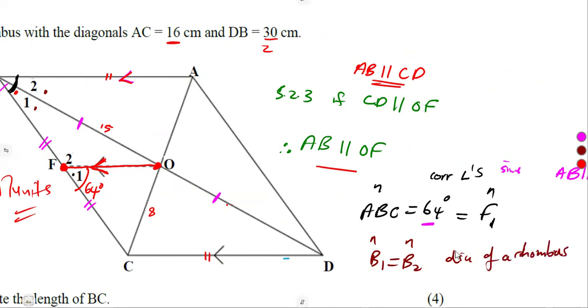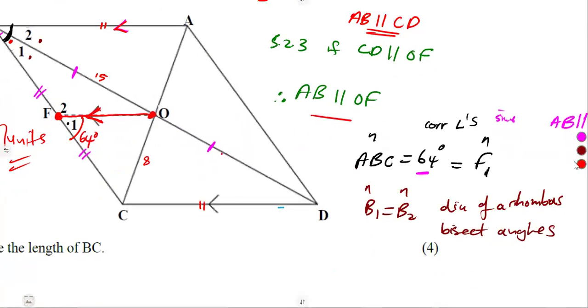So the diagonals of a rhombus bisect what? Bisect angles. So meaning to say, these two are equal. Remember, the angle B, this one, angle BC, is made up of angle B1 plus B2, which is the 64 degrees.